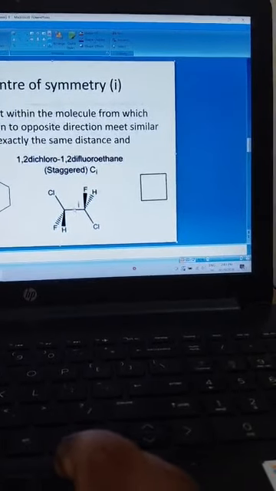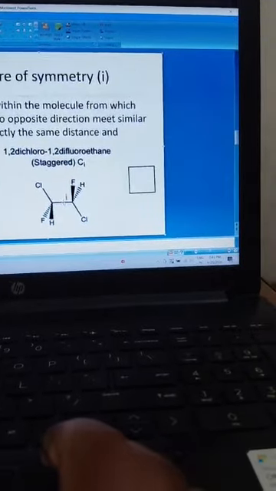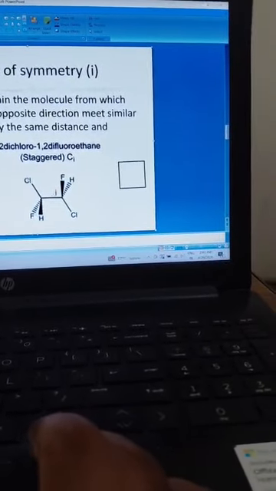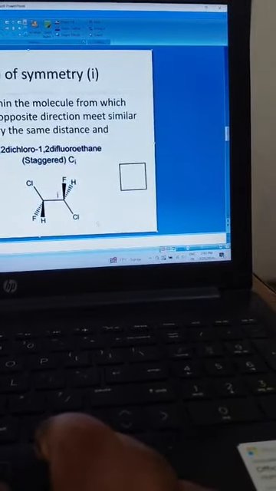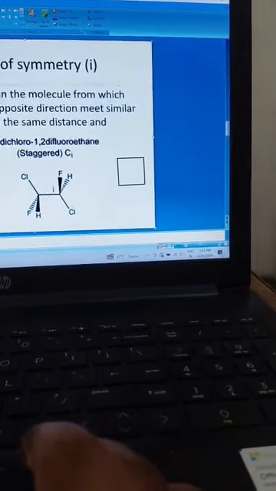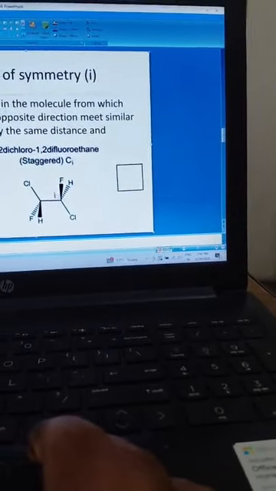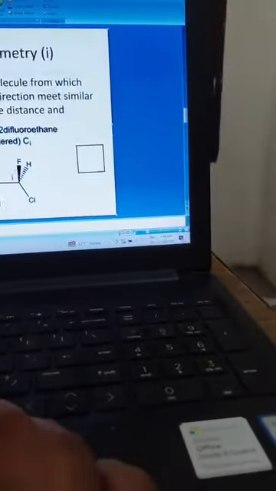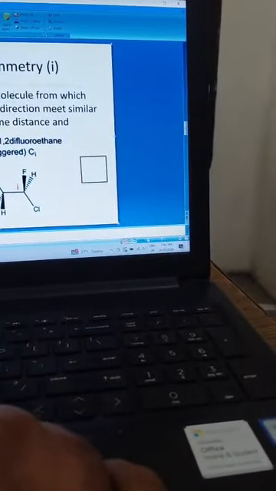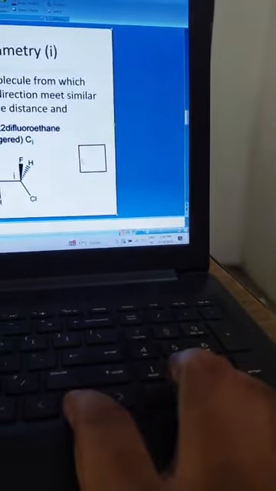From this center, this chlorine is at exactly the same distance as this chlorine. So these two chlorines are in opposite directions. So we can say in this molecule there is presence of a center of symmetry. Similarly, in this molecule and in this molecule there is a presence of a center of symmetry.